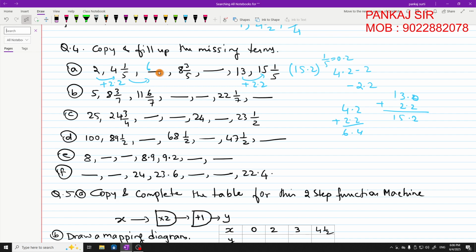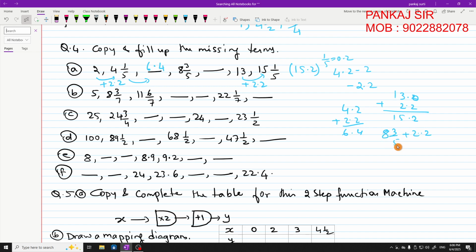Now 0.4, okay, I can write 6.4, no issue, right? Then 6.4 plus 2.2 will give me 8 3 by 5, and 8 3 by 5 plus 2.2, okay, should give me what? So let us do this.